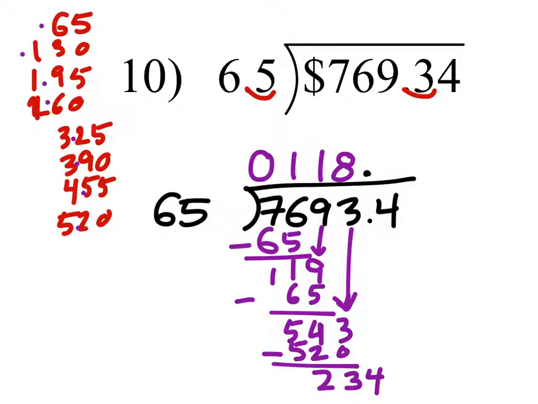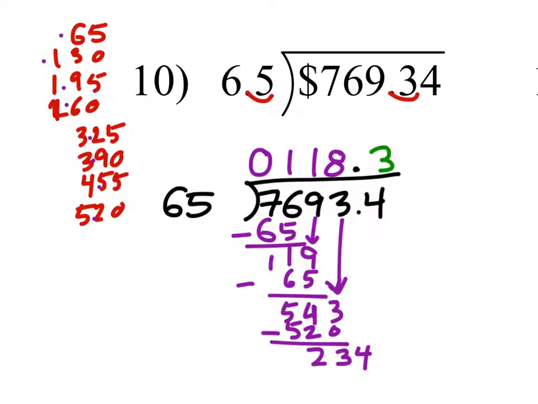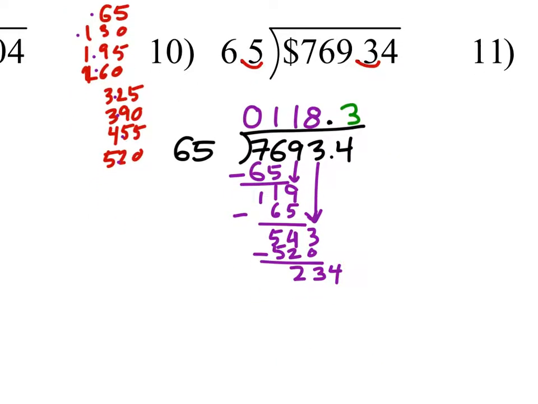234 now. It goes into 234 3 times. I'm going to need more space. 3 times, which was 195. And this, I have to borrow some stuff here. 14 and 5 is 9. 12 and 9 is 3.